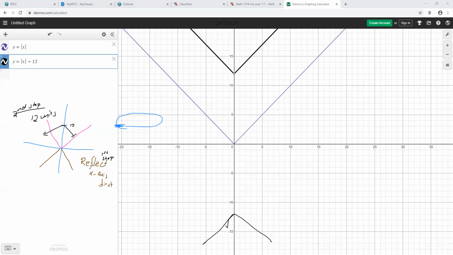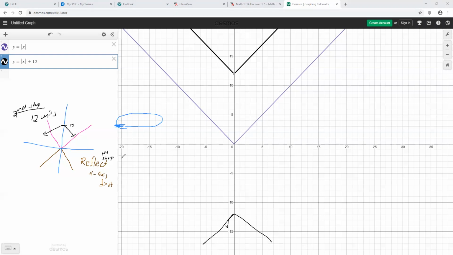If they tell us to do transformations and they tell us to do one thing first and then do another one, sometimes it makes a difference, doesn't it? Yes. And if we would have done it in a different order, like I showed you here, they told us move it up 12 first and then reflect it over the x-axis, and we would get this one.